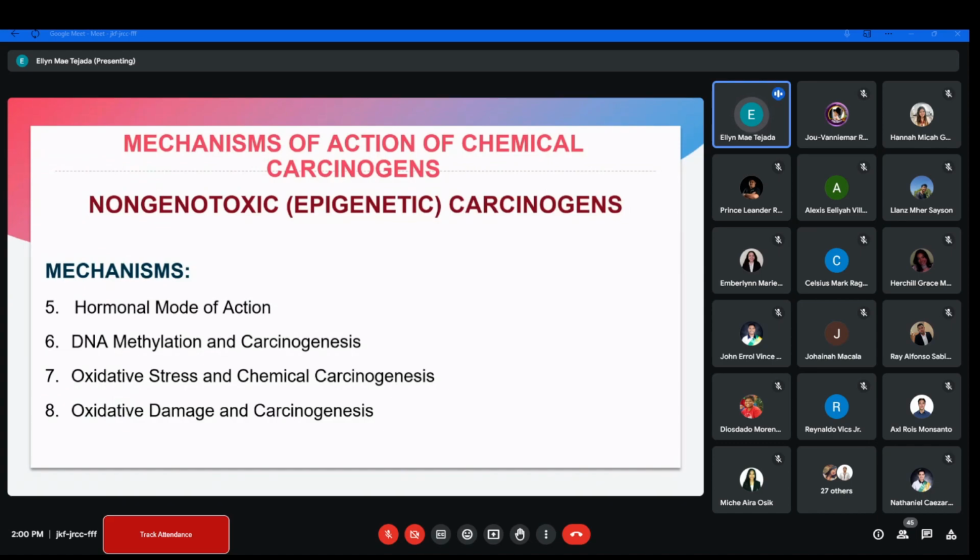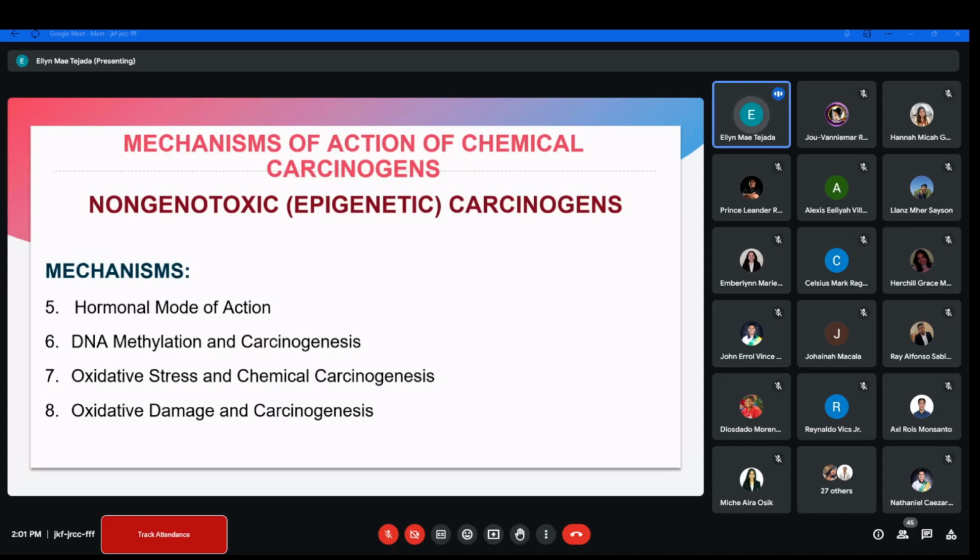Then aside from that, under DNA methylation and carcinogenesis, under this process, the pattern of methylation is being observed in cells which are being transformed by chemical oxidants, which contributes to an overall aberrant gene expression and promotes the tumor process.